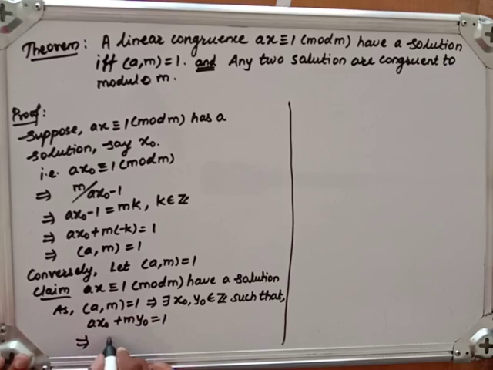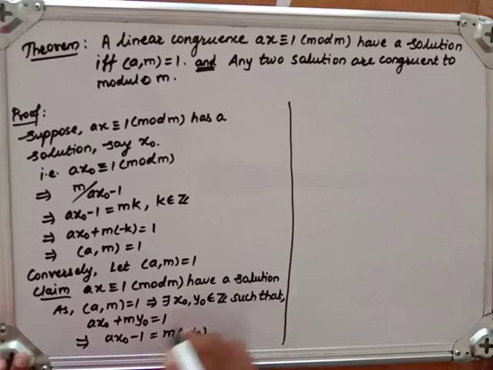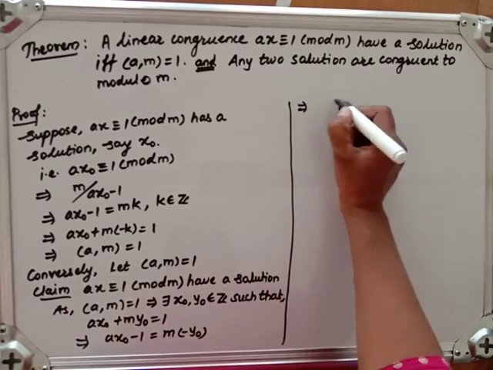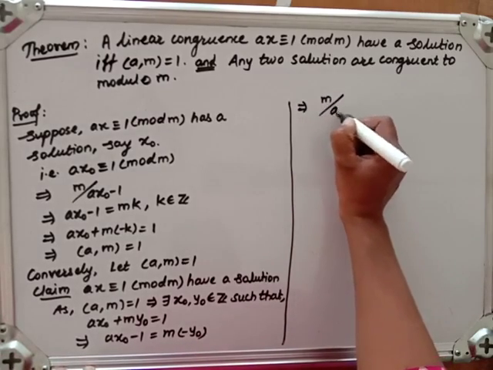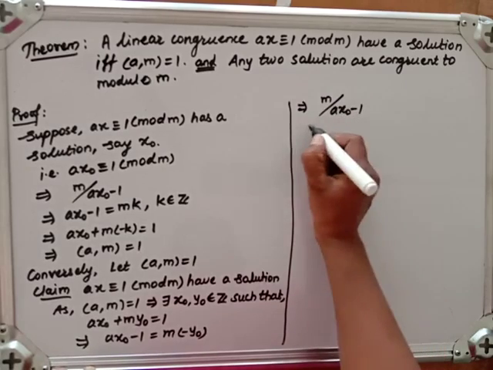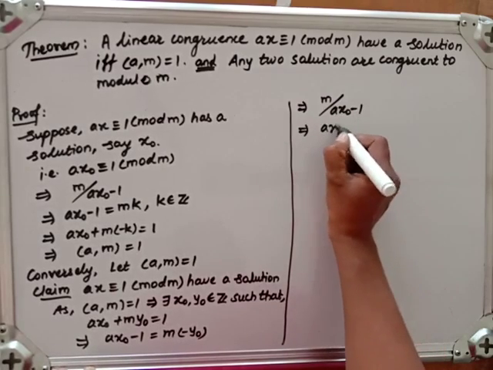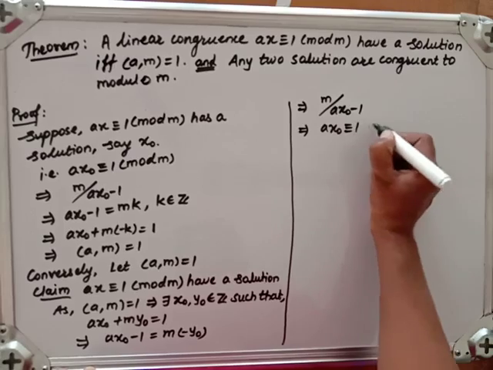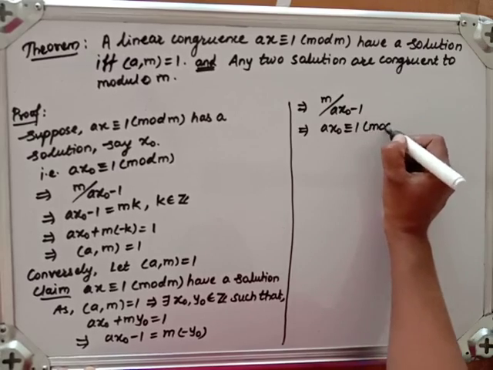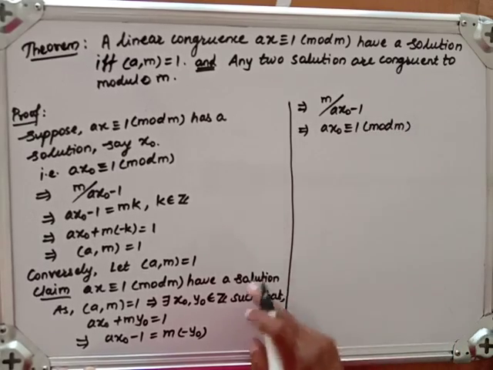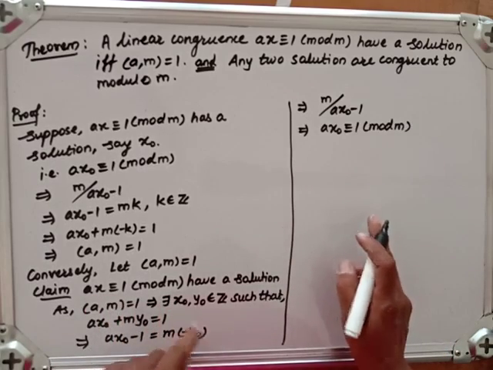This gives Ax0 minus 1 is equal to m into minus y0. So m divides Ax0 minus 1, that is the same as Ax0 congruent to 1 modulo m.